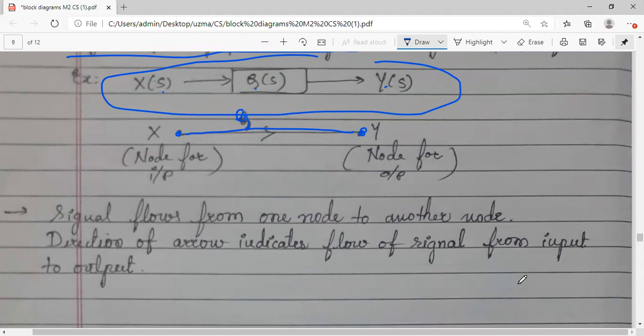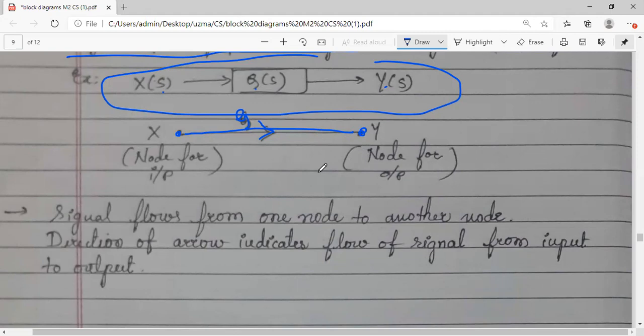The direction of the arrow indicates the flow of the signal from input to output, that is, from the source to the destination. And the lines are nothing but the branches.